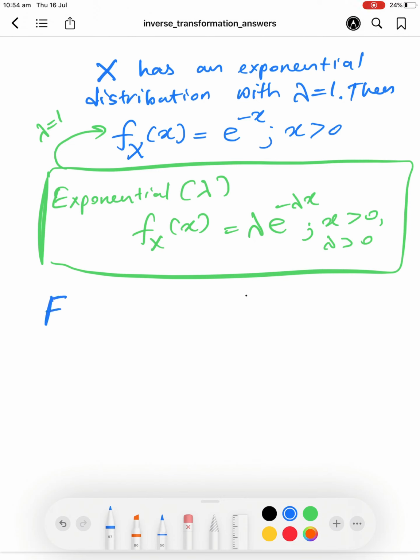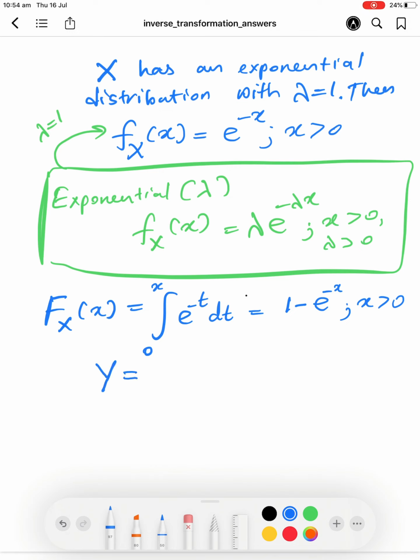Let's derive the CDF F_X(x). We need to integrate from 0 to x of e to the power minus t dt. So you will get 1 minus e to the power minus x, where x is greater than 0. So based on this, we can define a new random variable, capital X. Now I have to substitute capital X instead of simple x.